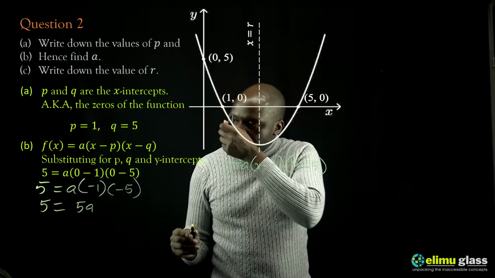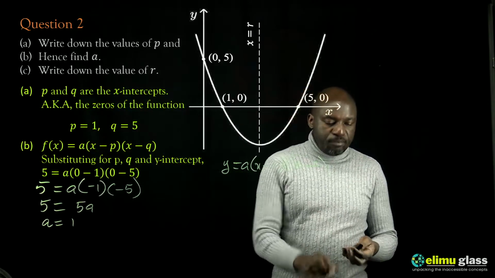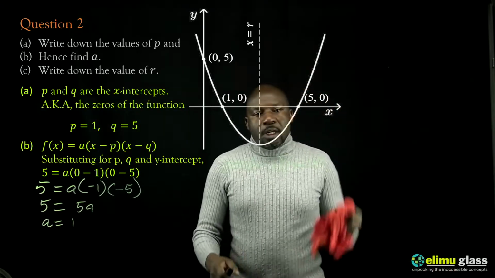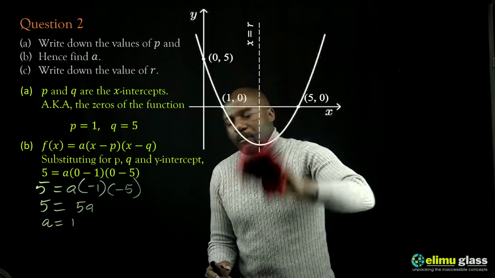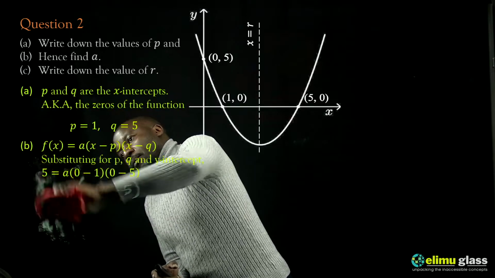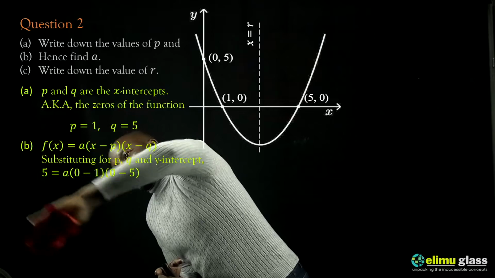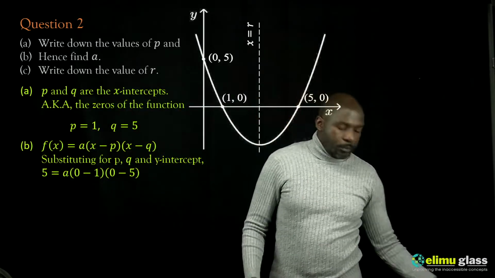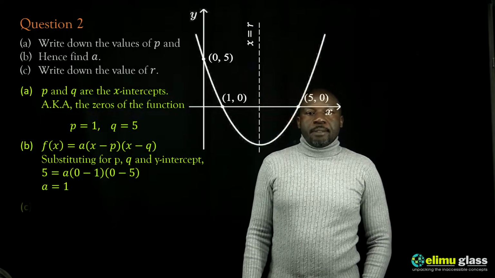Negative times negative is positive, so clearly a is going to be 1. Okay, so a is 1.